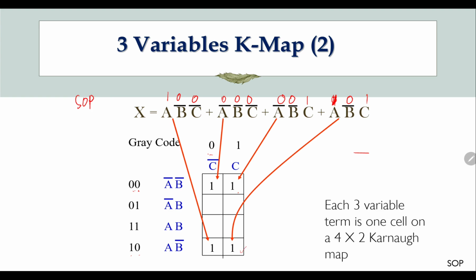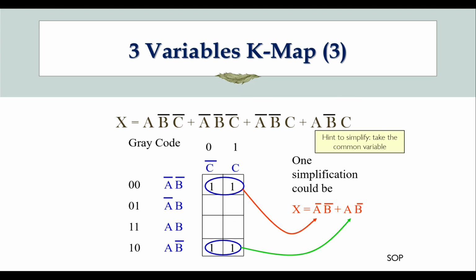I will show you there are a few steps to do minimization for this kind of equation. For number 1, for example, you have it like this, you can group this into 2 groups. So this one is group number 1, and this one is group number 2. For group number 1, you got A, B, A bar, B bar.